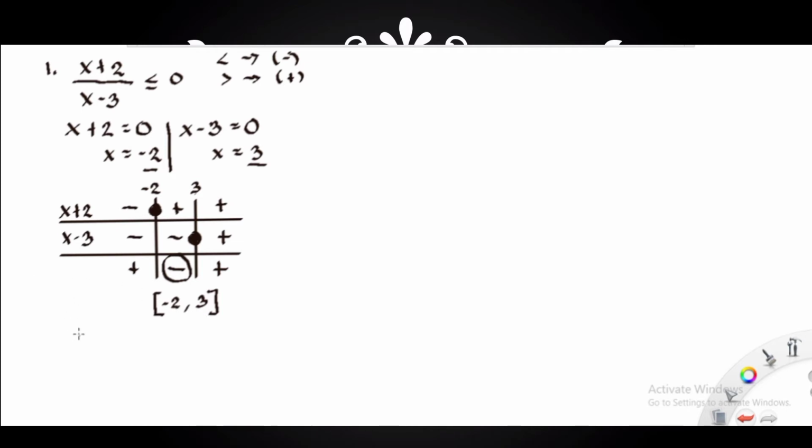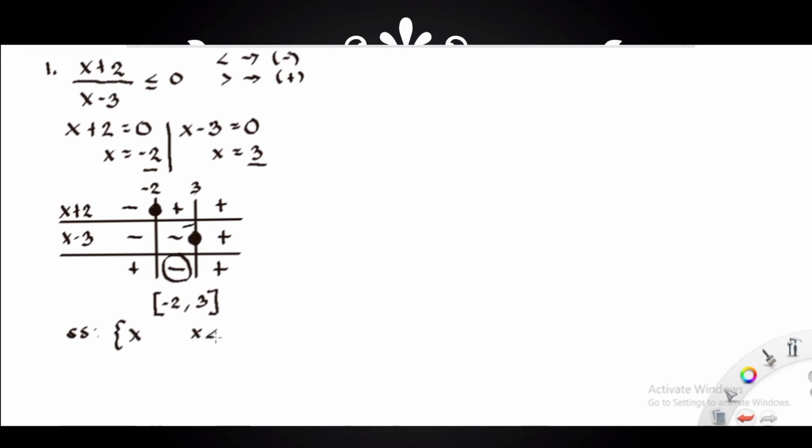Or, pag isinulat natin ang set notation nito, we have the value of x such that x is, okay, numbers or this region, ibig sabihin, yung mga nasa gitna ng negative 2 and 3. So, ang value ng x ay less than 3, dahil nasa kaliwa ng 3 yung negative sign.